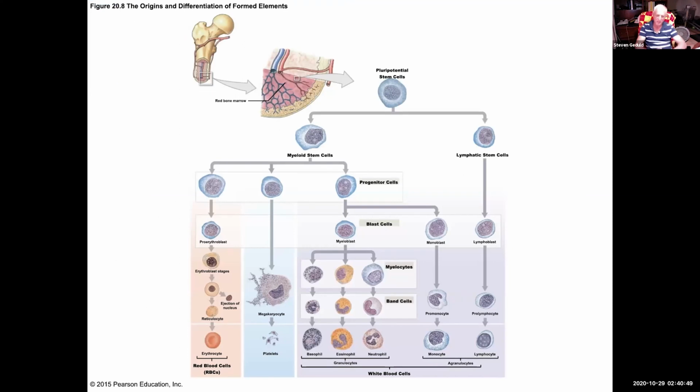This is a diagram that just shows you how they start. Everything starts from pluripotential stem cells, and it goes to a myeloid stem cell or lymphatic cells, and that gives you your erythrocytes, your platelets, and your white blood cells. Your lymphatic stem cells go to your lymphocyte. That sums it up right there.